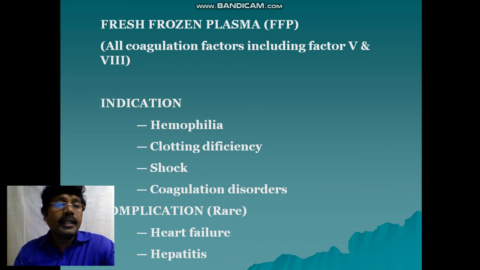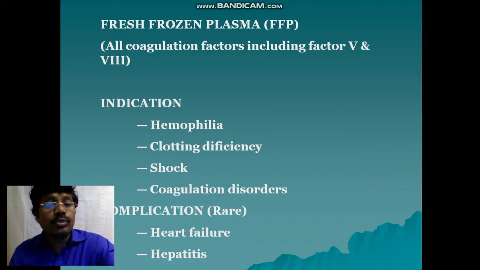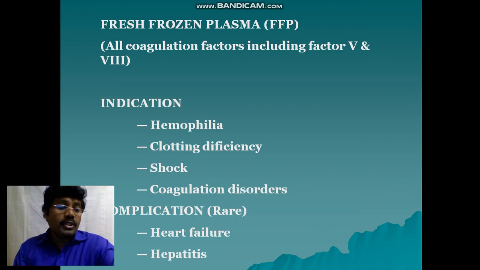Hemophilia cases can get fresh frozen plasma because blood clotting factor 8 is present in FFP. Clotting deficiency patients can also get FFP. Patients with shock and coagulation disorders can also receive it. Mostly the complication is transmission of diseases like hepatitis, or sometimes the patient may have heart failure with this transfusion.